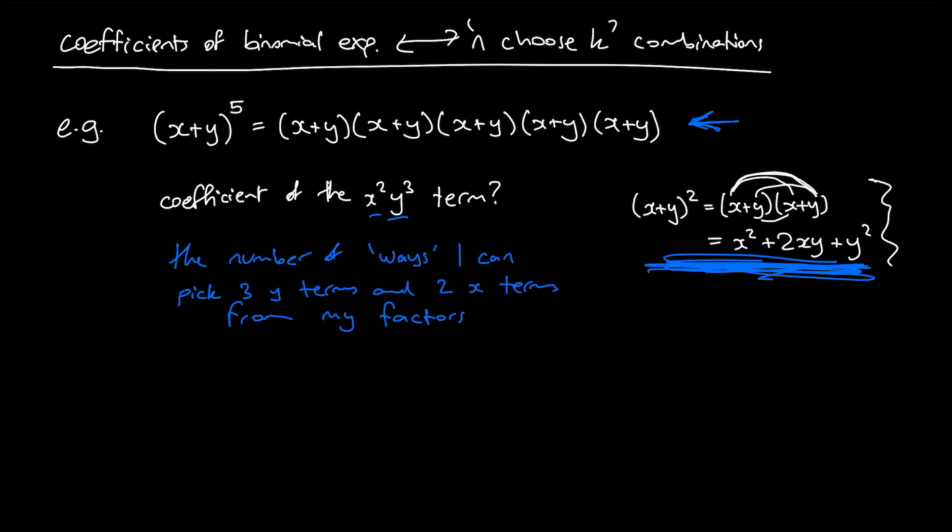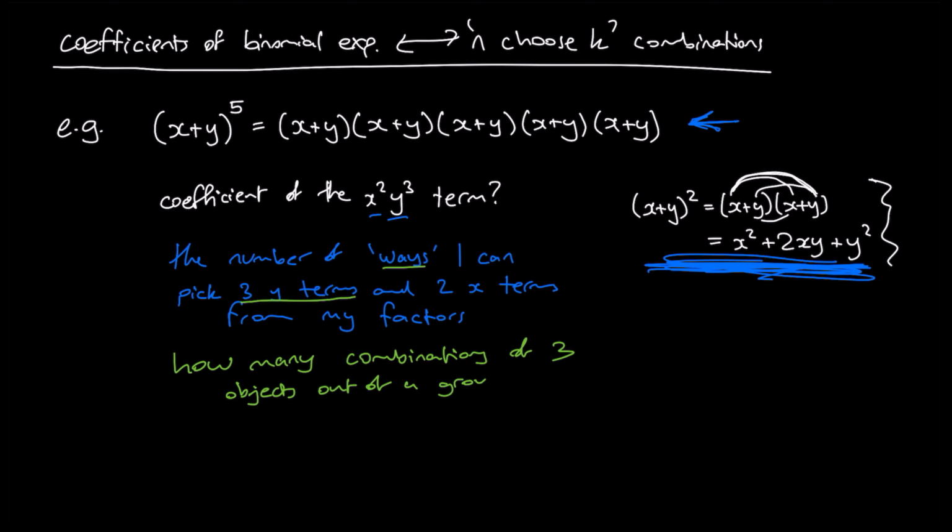So what I realize is that the number of ways I can pick 3 y terms and 2 x terms from my factors is the same as saying how many combinations of 3 objects out of a group of 5?